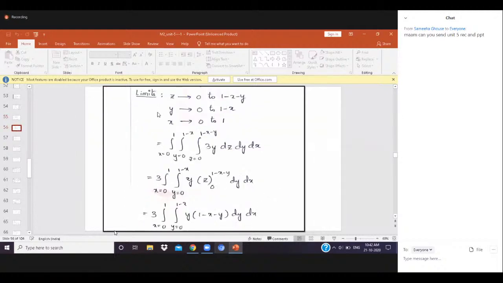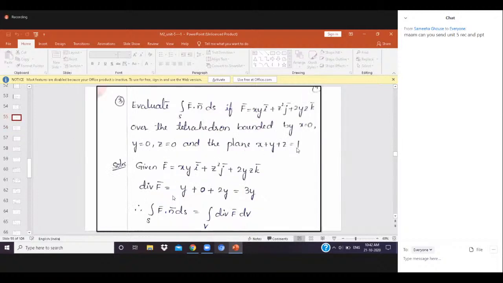We need to take limits because we have a triple integral here, but the given surface is x plus y plus z equals 1. Here is a rule: in a multiple integral, to evaluate a surface integral depending on three variables, first we evaluate the z limits. After getting the z limits, substitute z equals 0, and the equation becomes two variables.